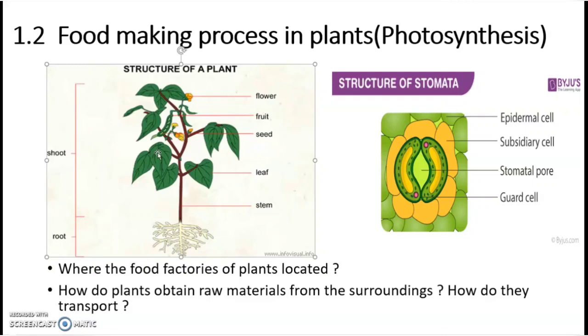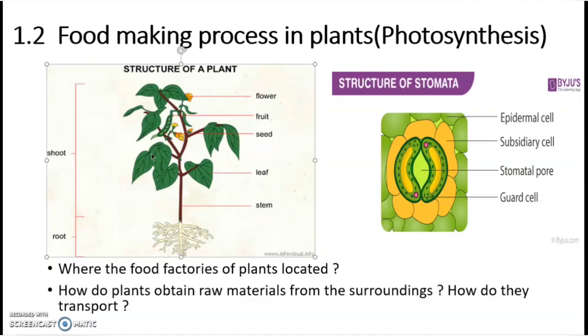How do plants obtain raw materials from the surroundings? How do they transport these materials? As we know, the raw materials for photosynthesis are carbon dioxide, water, and sunlight.